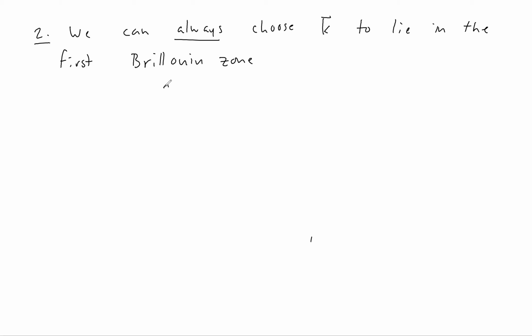Suppose I have some Bloch wave function, psi_nk(r), which is e^(ik·r) times u(r). u, again, has the periodicity of the lattice. Here's the plane wave. Now, let's suppose we pick a different wave vector.